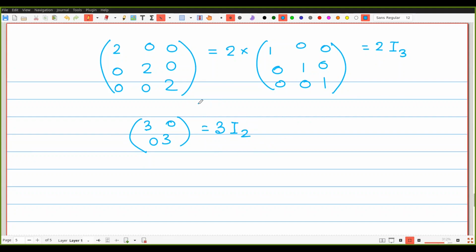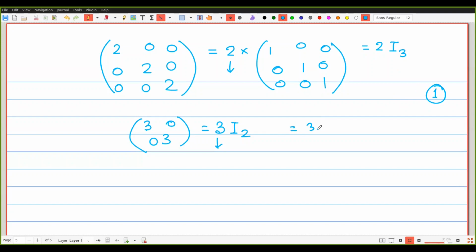Now, why do we call that type of matrix, where all the principal diagonals have the same value, a scalar? Scalar means only a value. When we proceed with the determinant, we can check the identity matrix has the determinant value only 1.